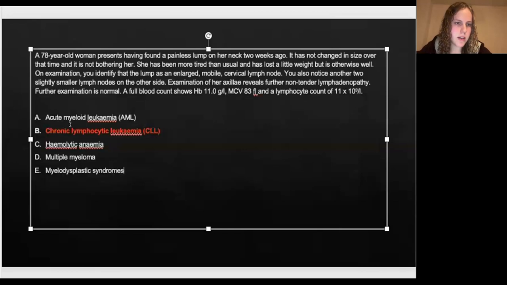In terms of differentiating myeloid and lymphoid, those are two precursors to a bunch of cells. The myeloid lineage leads to blood cells like red blood cells, platelets, and your basic white blood cells like neutrophils and macrophages, whilst the lymphoid lineage leads to B cells and T cells, or your lymphocytes.